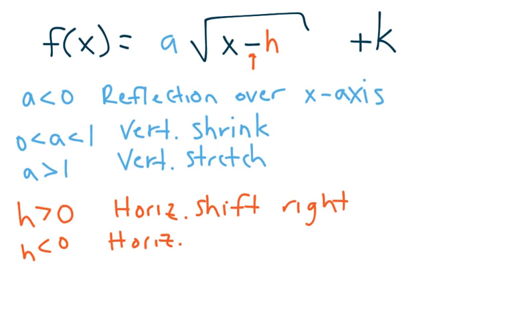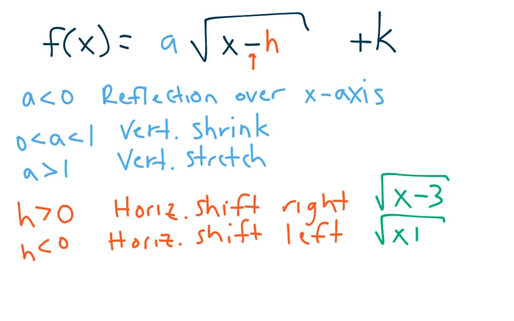Now, a lot of students won't use this as their basis, because if I have x minus 3 versus x plus 3, the minus 3 is actually your shift to the right, and your plus 3 is actually your shift to the left. That's because of the minus sign we had up here. Does that make sense? So I put an example next to the correct direction just so that you knew which is which. On this one, your h is actually 3, and on this one, your h is actually negative 3. Just be mindful of that.